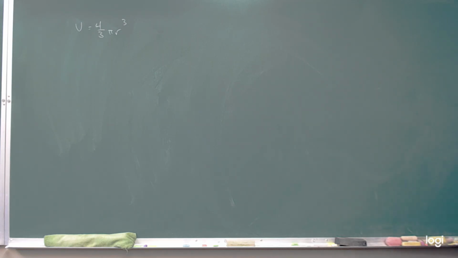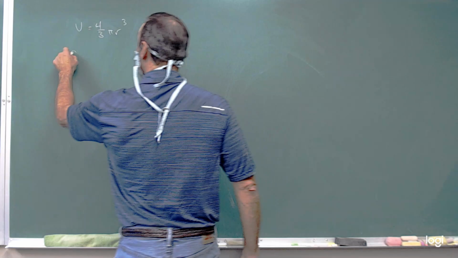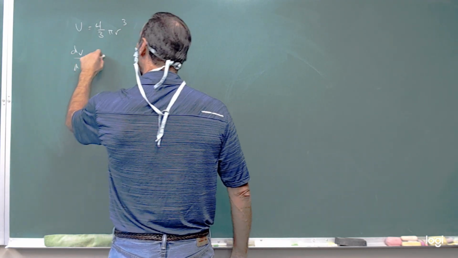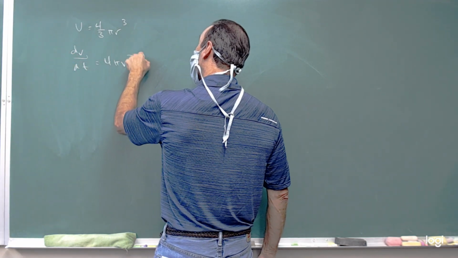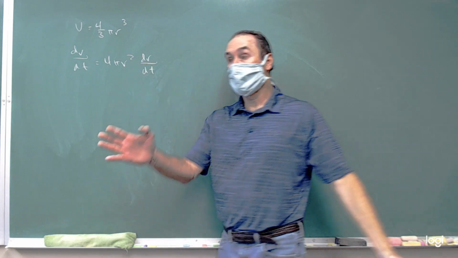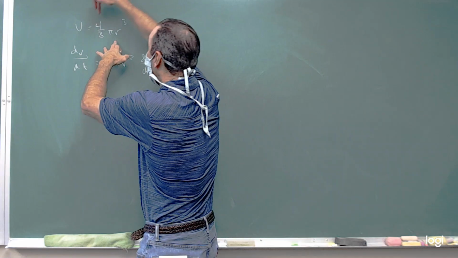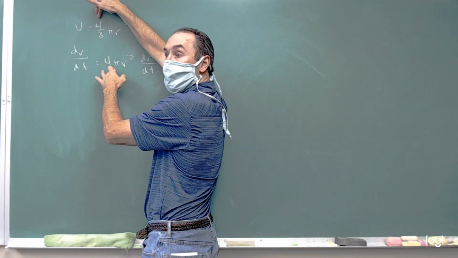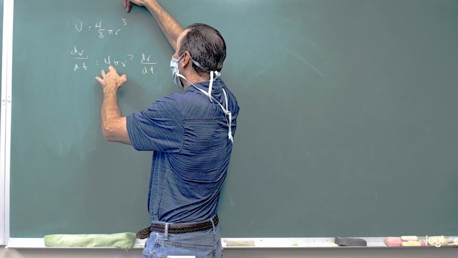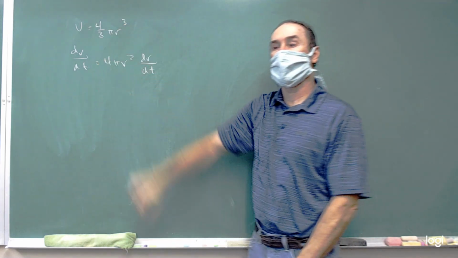What did you get? dV dt equals 4 pi r squared dr dt. Nice. See how we're getting there? So using our chain rule, the 3 comes down, cancels with the 3 in the 4/3. We get r to the second, and then times the derivative of r, which is dr dt.